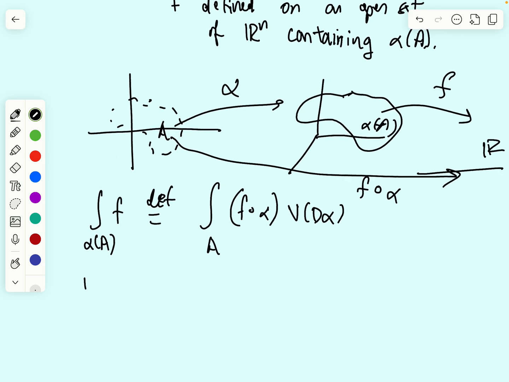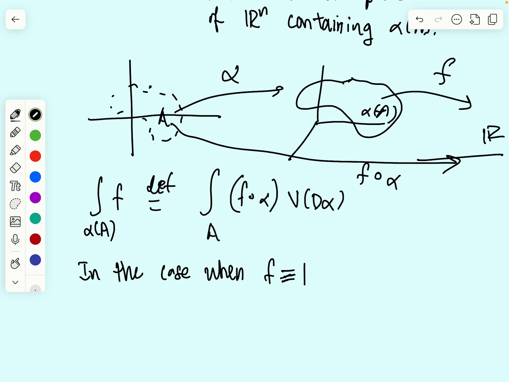So notice that in the case when f is the constant function 1, the three bars indicate that f is just the constant function 1, then the integral of 1 over alpha of A is the integral of v of d alpha, right?